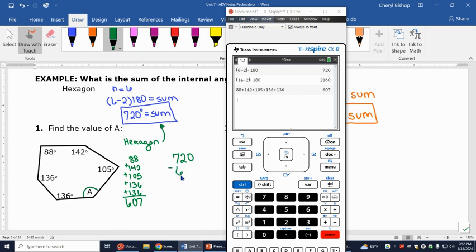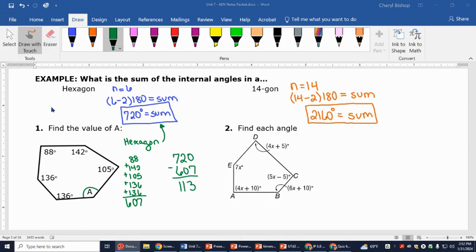So I'm going to see what's left for that angle by subtracting the 607. So 720 minus the 607 leaves me with 113 degrees. So the value of A is 113 degrees.